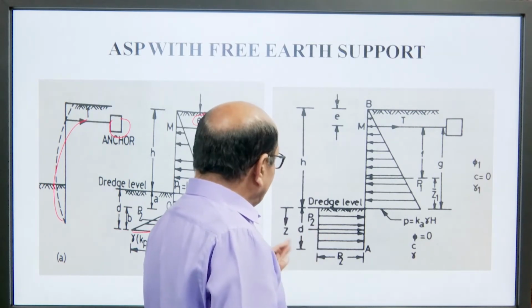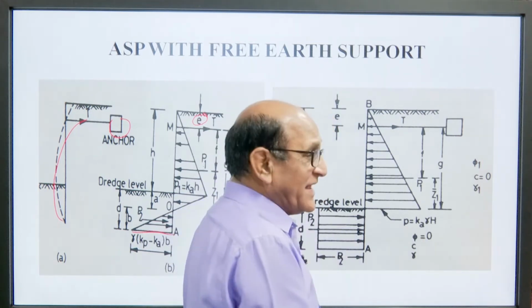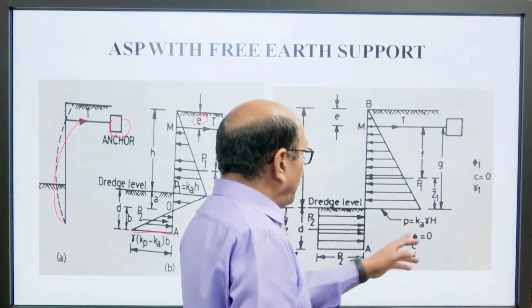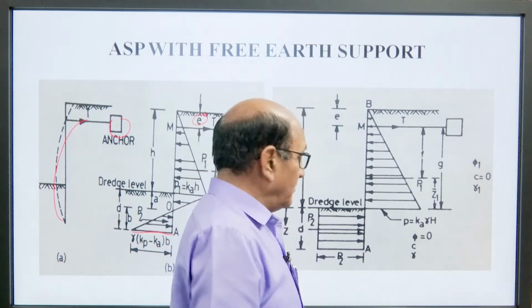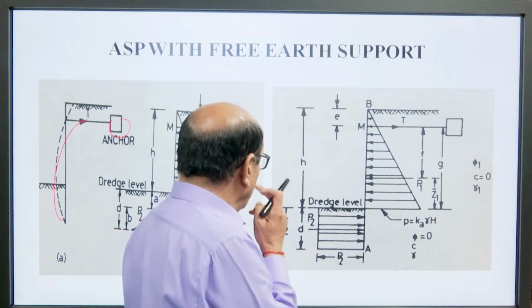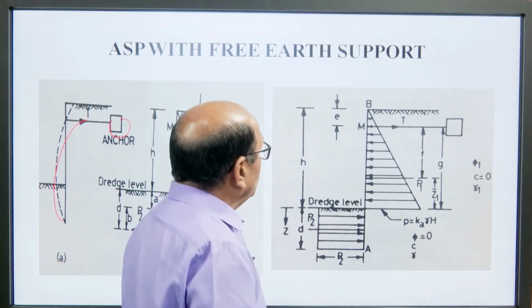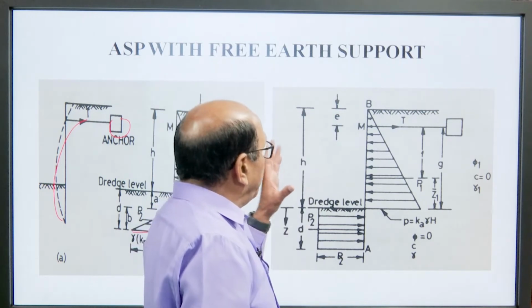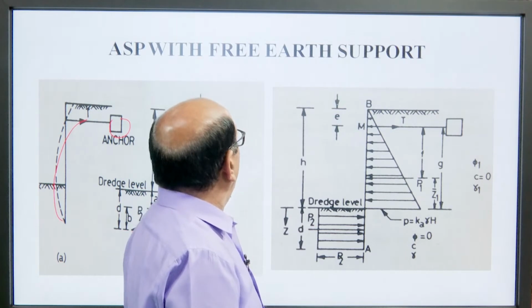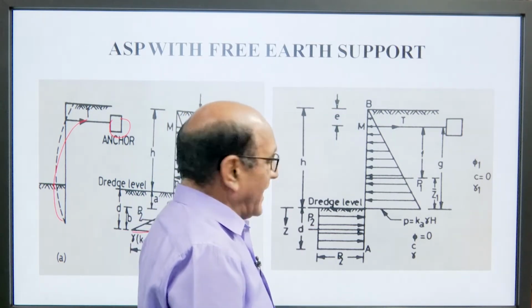Passive forces act below the dredge line, and the value of P here, the pressure, is Ka gamma H, where phi is equal to 0. This is P2, and the depth is d. So, this is the pressure diagram of the free earth support anchored sheet pile.